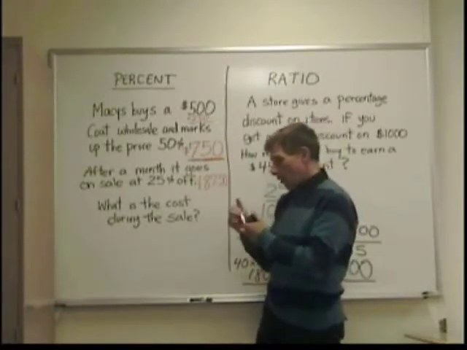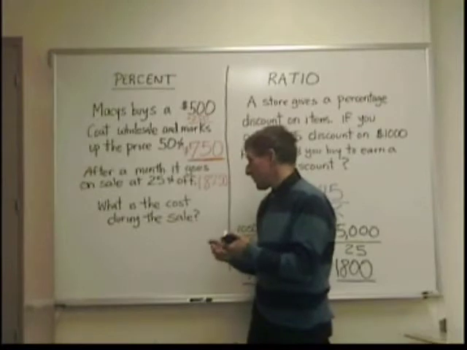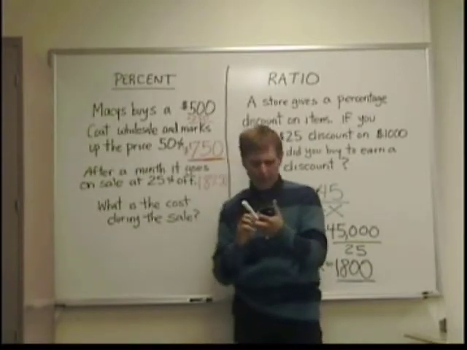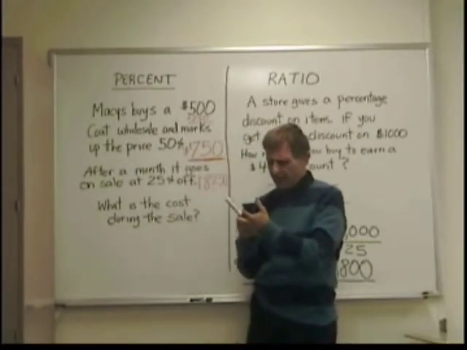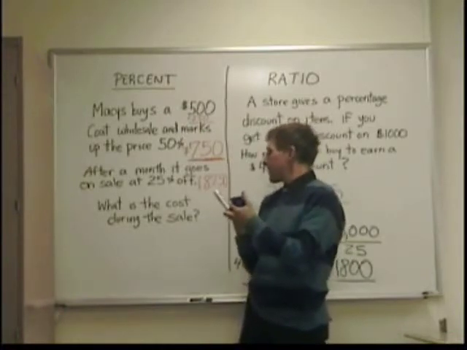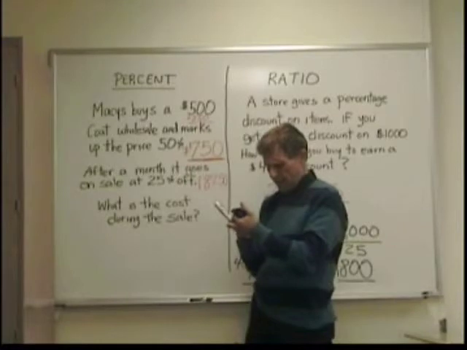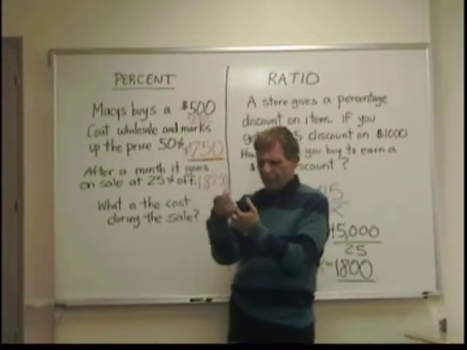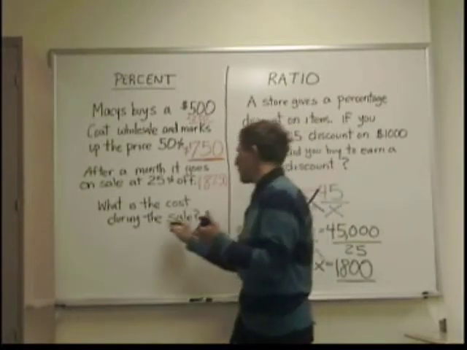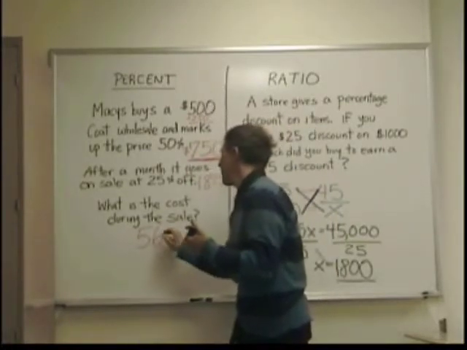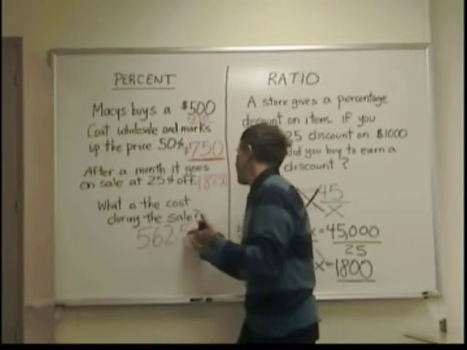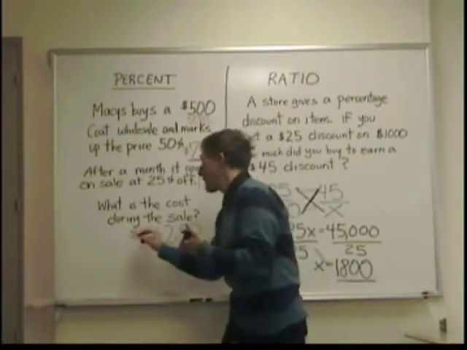And what I would do to get the cost during the sale, what you will pay for it, well, I'll take the $750 and subtract the $187.50. $750, take away $187.50, gives me a sale price of $562.50. So that's what they're asking for.